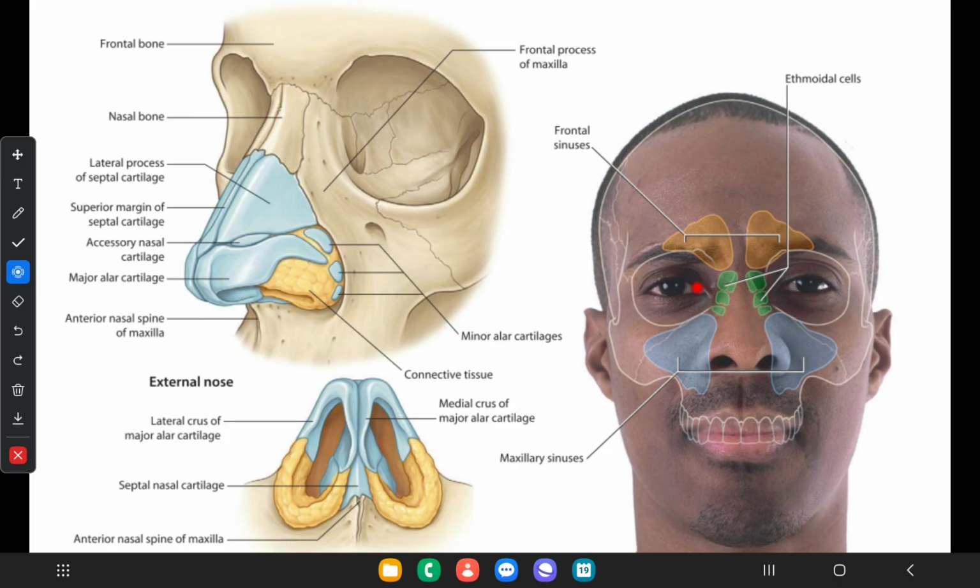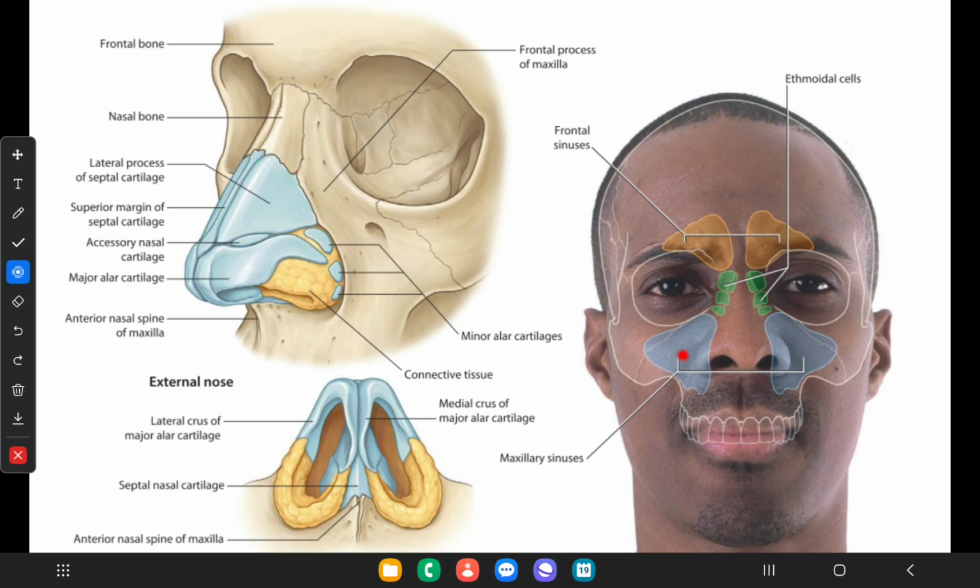The sinuses are not fully developed at the time of birth. The ethmoidal sinuses begin to develop before birth, and only a few cells are present at birth. Frontal sinus is usually absent at birth. Maxillary sinus is the first developed sinus.